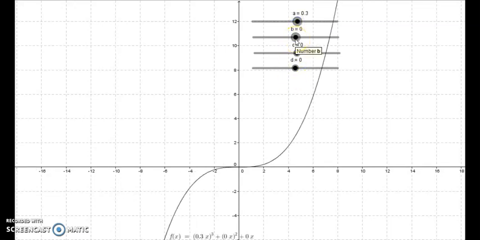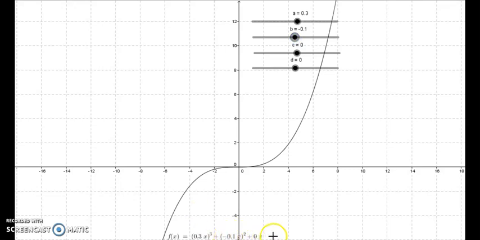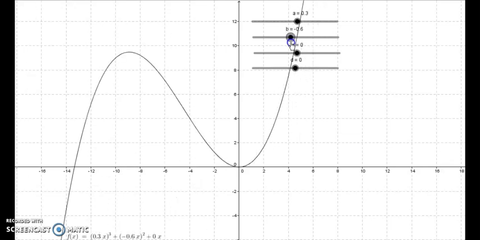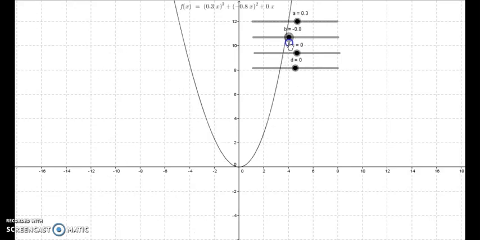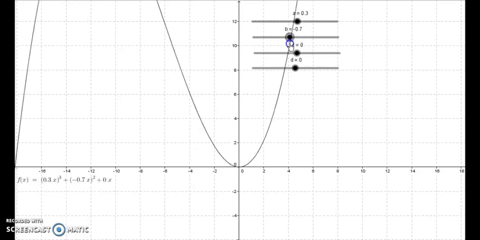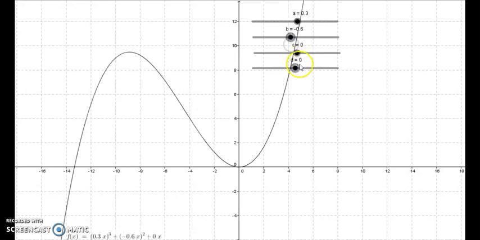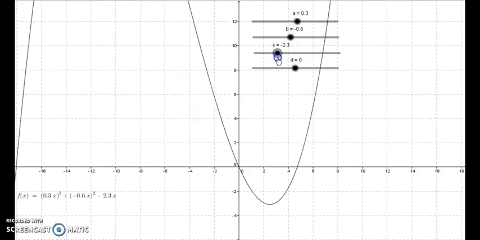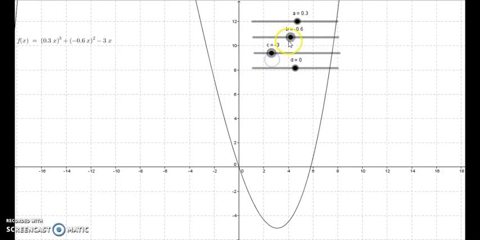So if there is also a b value, and you can look here, the b value and then the c value and then the d value will be added at the back. What happens to the graph when a b value is added? What happens to the graph when a c value is added to the equation?